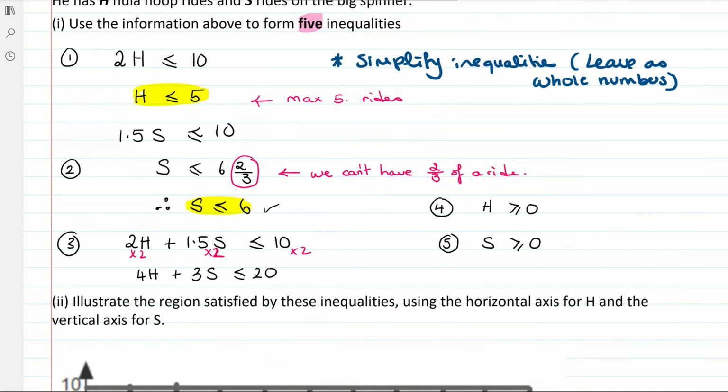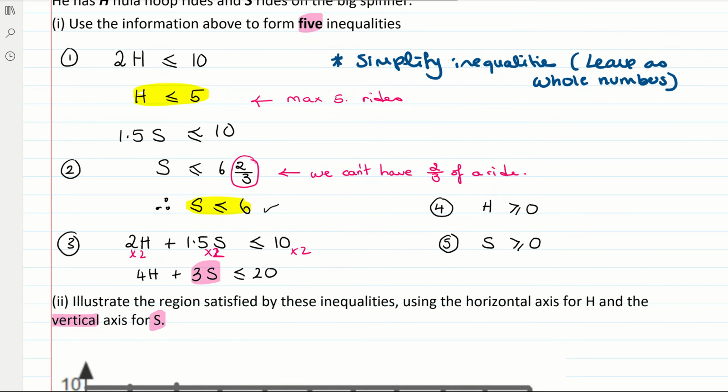So, the next question says, illustrate the region satisfied by these inequalities using the horizontal axis for H, and the vertical axis for S. So they told us that the vertical axis is for S, which means S has to be the subject.